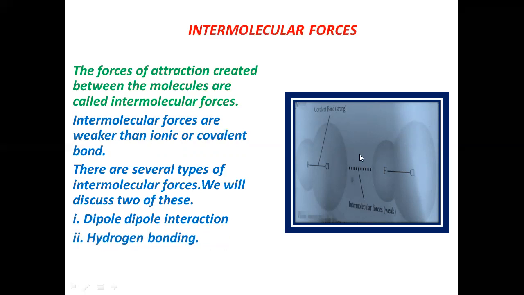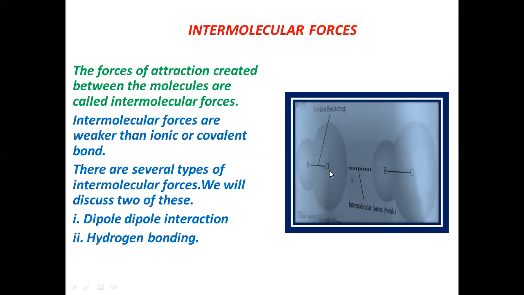As in this image you can see, one hydrochloric acid molecule attracts a second hydrochloric acid molecule. As these are two molecules and they attract each other, a weaker force develops between these two molecules, and that force is called intermolecular force, which is a weak force of attraction between molecules.